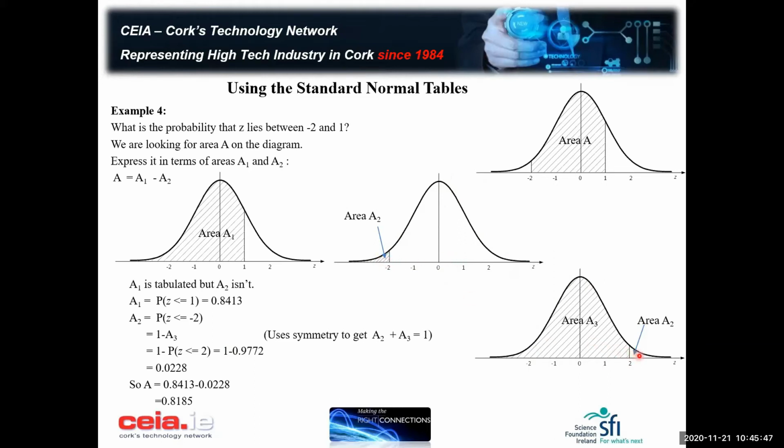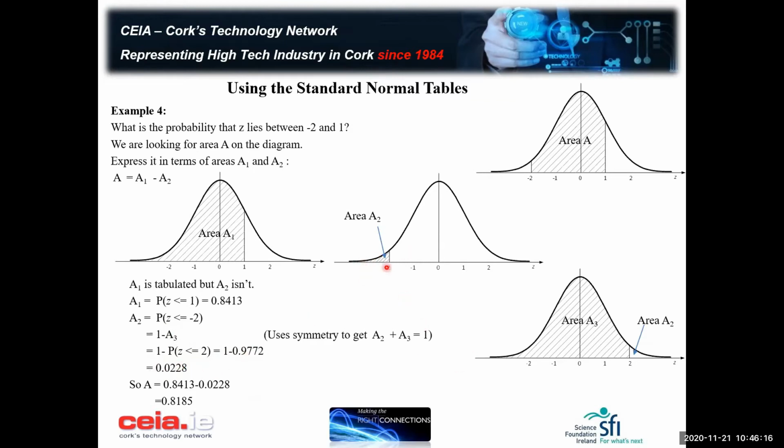That area A2 is 1 minus A3, where A3 is the probability that Z is less than or equal to 2. So A2 is 1 minus the probability that Z is less than or equal to 2. That's the same tabulated value we found before of 0.9772, and that is 0.0228 for A2.